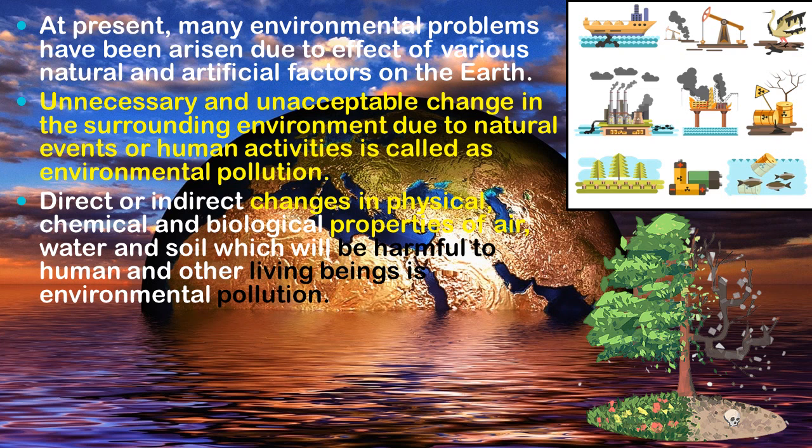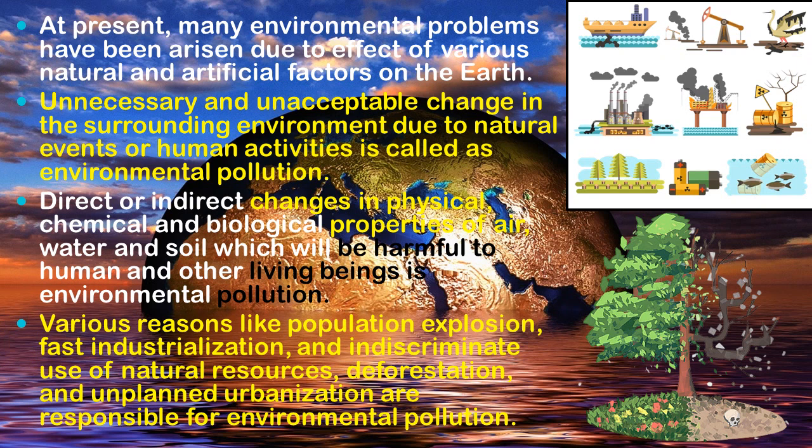So due to environmental pollution, the properties of water, air and soil are getting harmful, and if these things are harmed or endangered, it will directly affect living beings, that is humans and other plants, animals, etc. Okay, so this is environmental pollution.